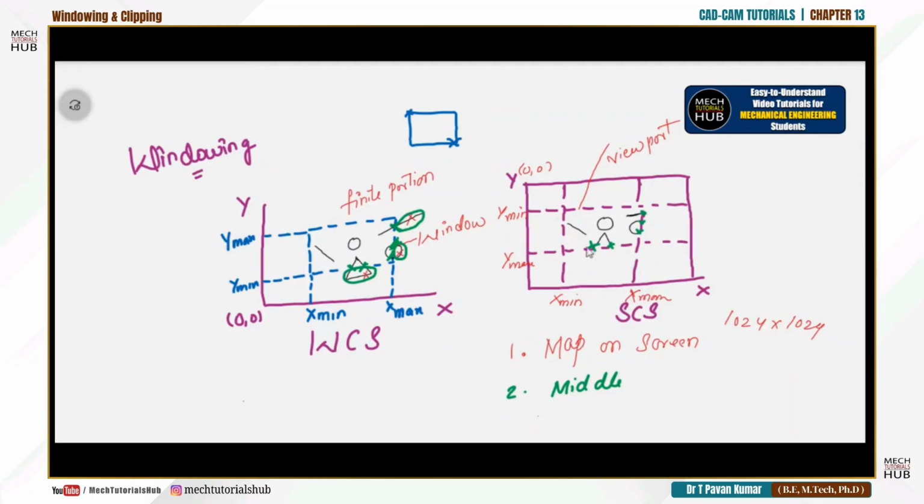In this only visibility zone, all the bits of the code are going to be zeros. That comes under a topic called 4-bit coding.